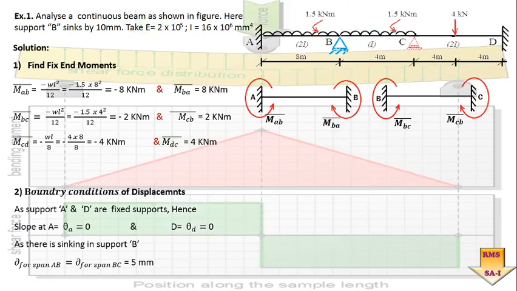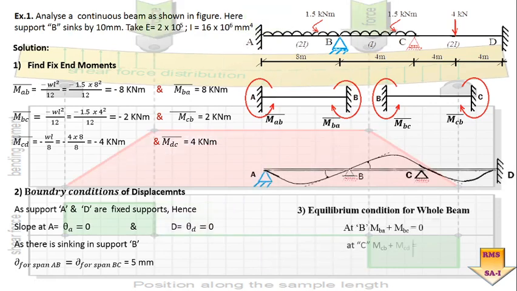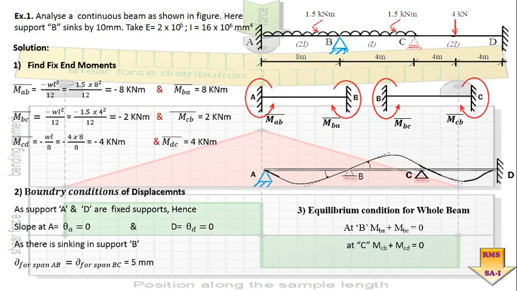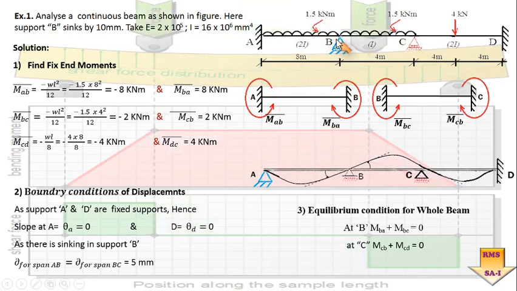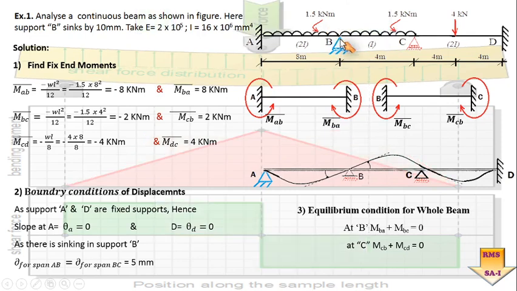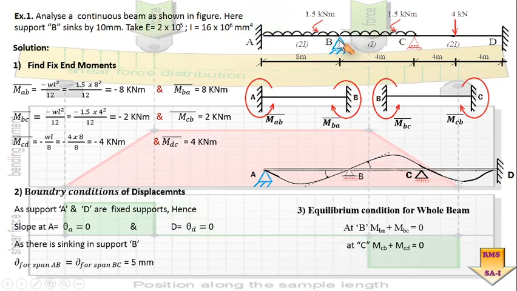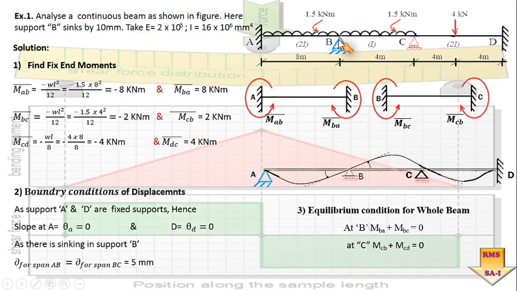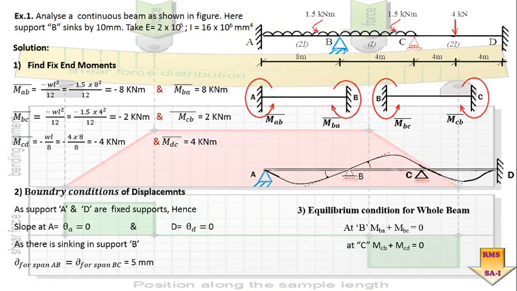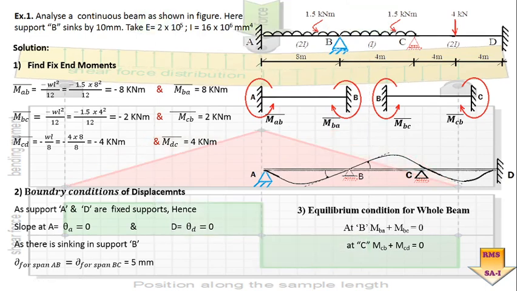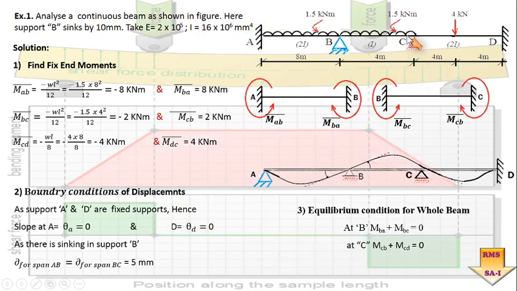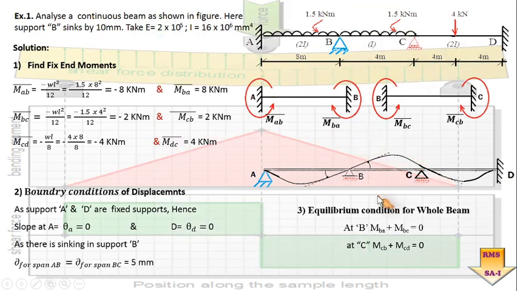Next is to understand the equilibrium of the whole beam. Joint B has to be in equilibrium, which means the final moments MBA plus MBC should be equal to 0. Similarly about point C, MCB plus MCD is equal to 0.